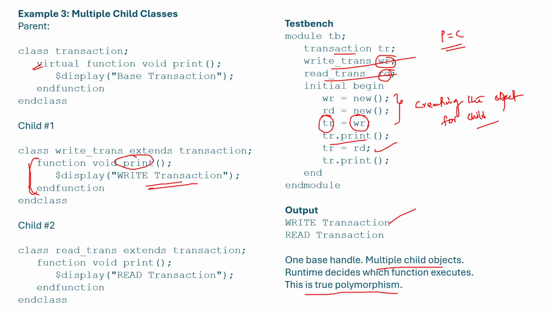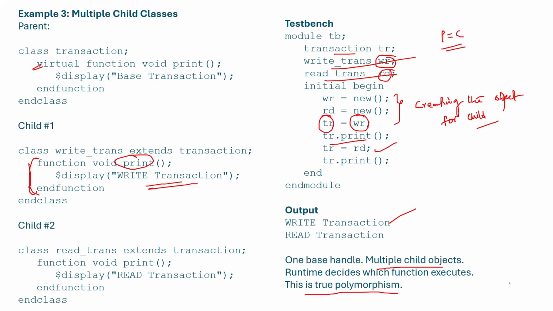For whom you are creating the object, based on the object, it is getting that object. If you write for parent, then you will get the parent. If you are creating the object for your parent as well as child, then polymorphism is not okay.